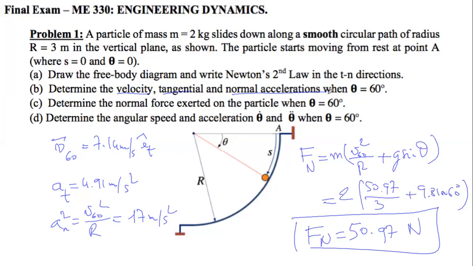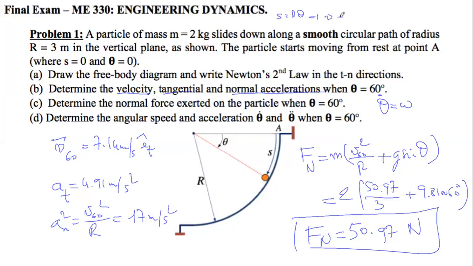Last but not least, determine the angular speed and angular acceleration. Angular speed is theta dot, or sometimes we call it omega. That's easy. How do you get it? You remember s is r theta.